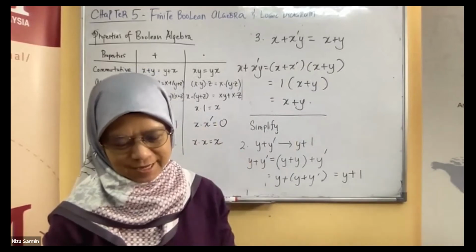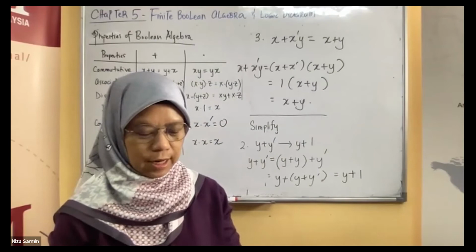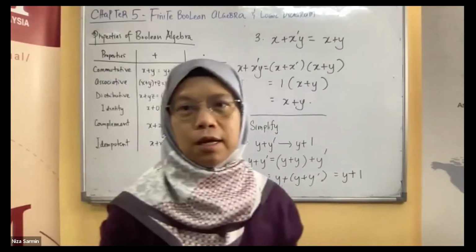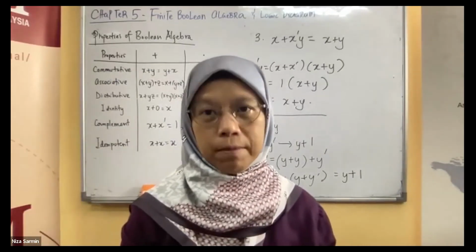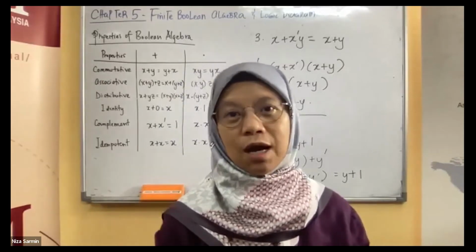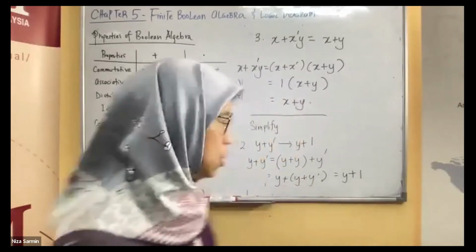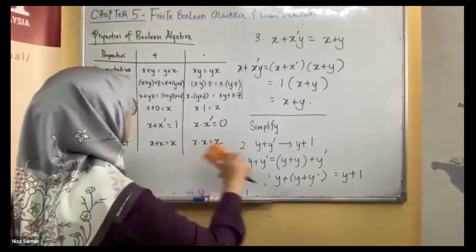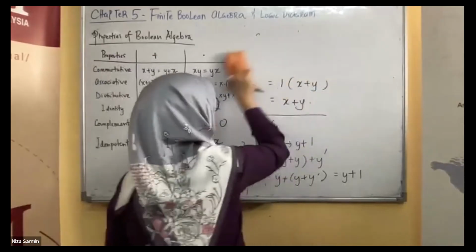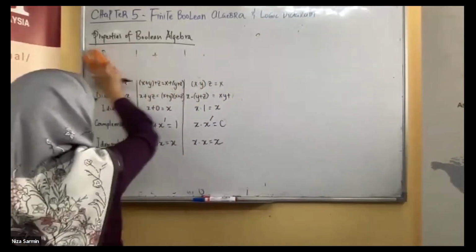This is something that you will later do with the help of the Karnaugh map. But before we do the Karnaugh map, we do this first. How do you reduce a very long equation into a simplified one?